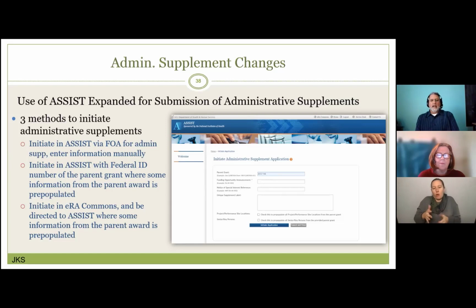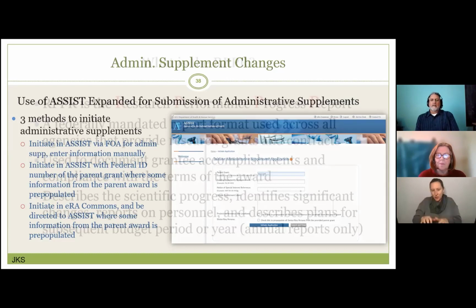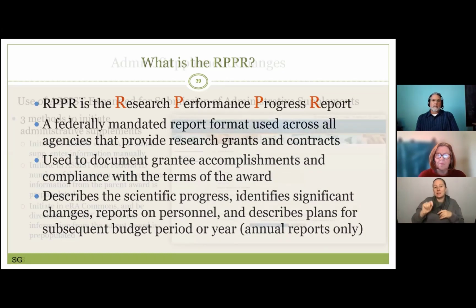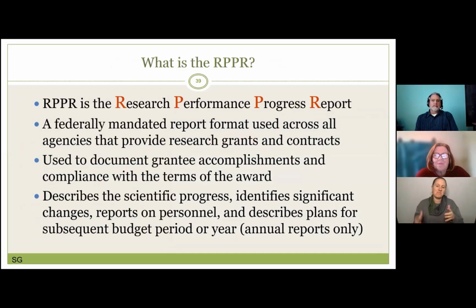There is also the admin supp interface inside Commons that will start the process off, and that also gets you some pre-populated information. But then you're going to come into Assist and complete the process there. So that's really about it for admin supps.